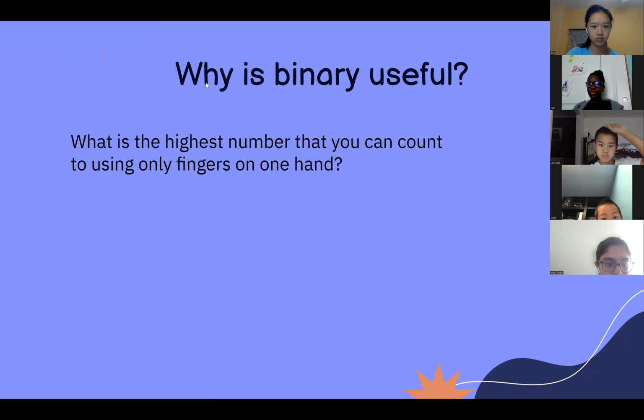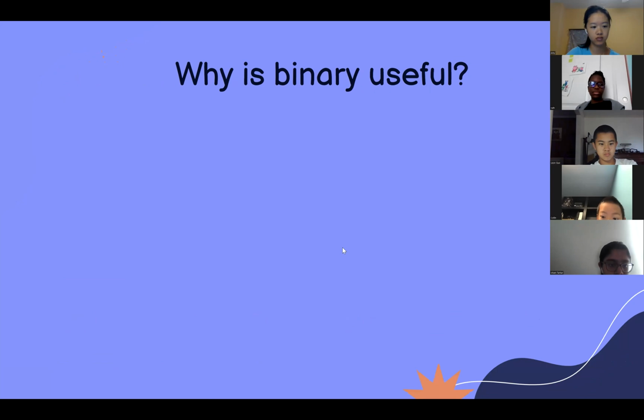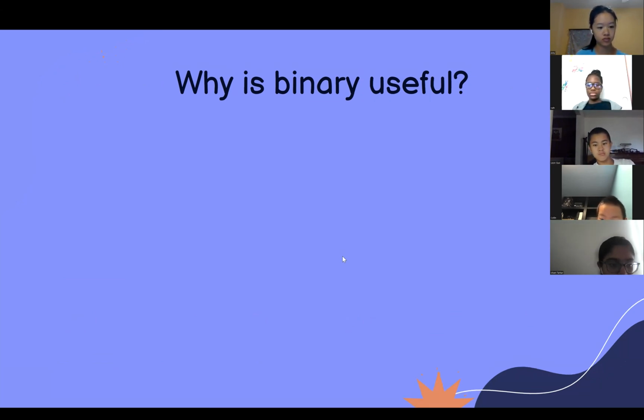So what are binary numbers used for, and why are they useful? It's mostly used in code and computers, because computers only use the numbers 0 and 1 to represent everything.